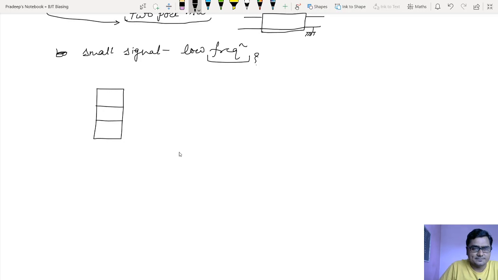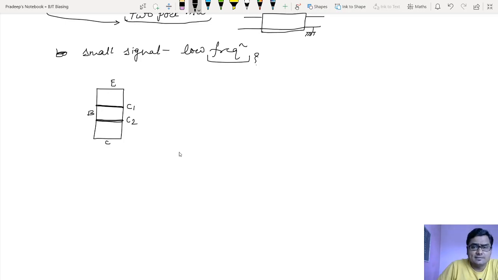If this is the emitter, this is the base, and this is the collector, then there is the collector-base junction and the emitter-base junction. If I have a junction, then I must have junction capacitance.